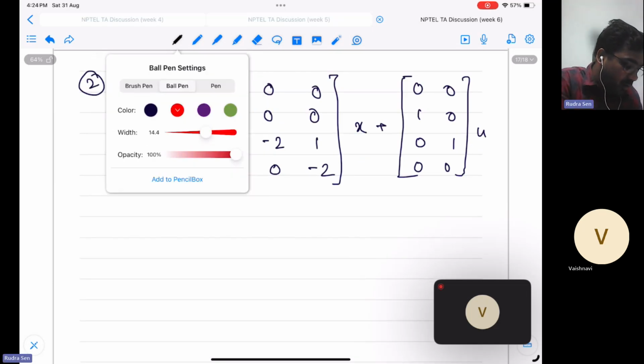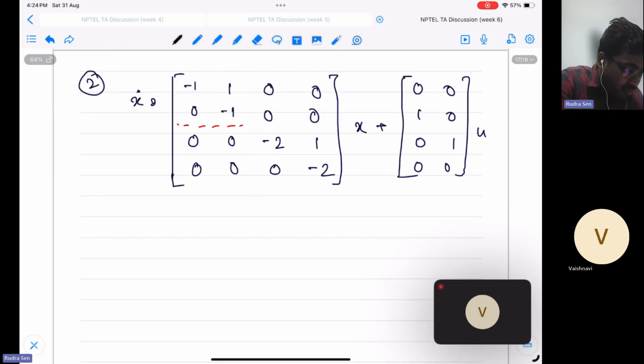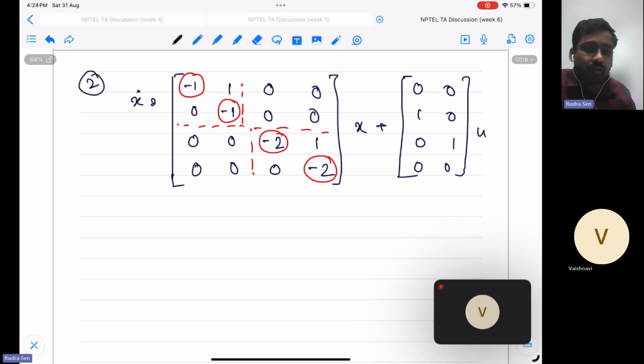Here you can see there are two Jordan blocks, one corresponding to lambda equals minus 1 and another corresponding to lambda equals minus 2. That's why the system matrix is not completely diagonal in format.